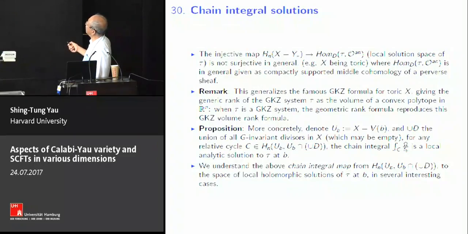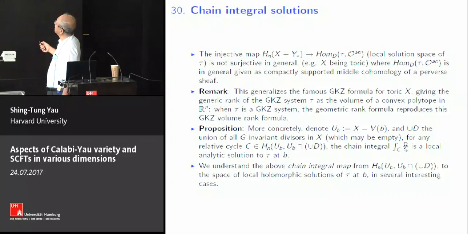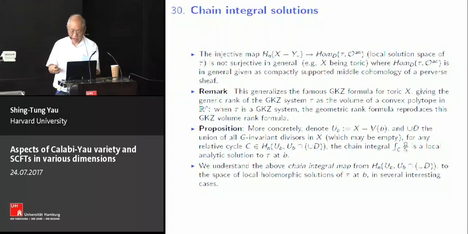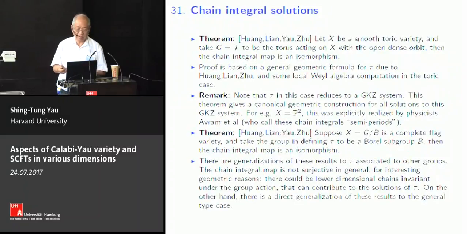The chain integral turns out to be an analytic solution to the tautological system at B. So this integral is interesting. It was studied by some physicists before, and from this chain we get a map to the space of local holomorphic solutions of tau at B. So this gives rise to an interesting class of objects that we are interested in.